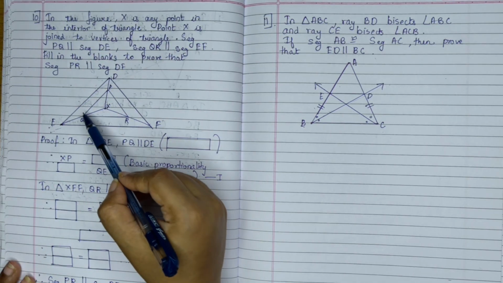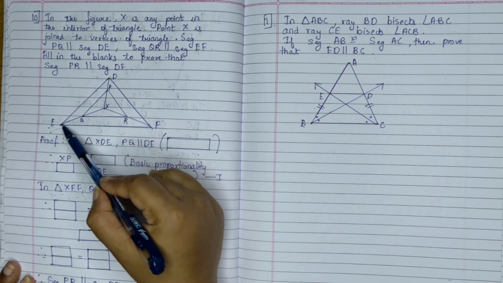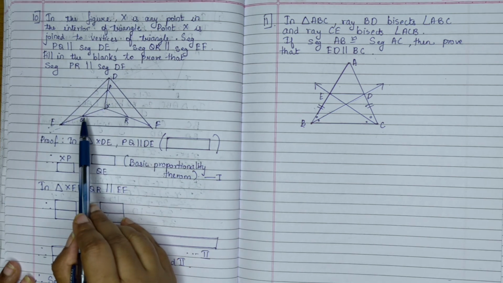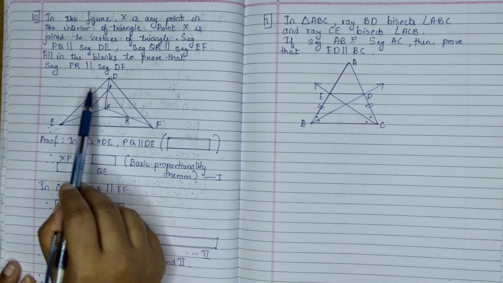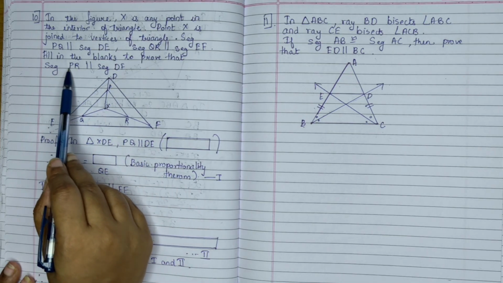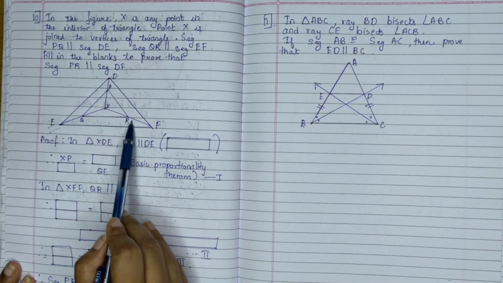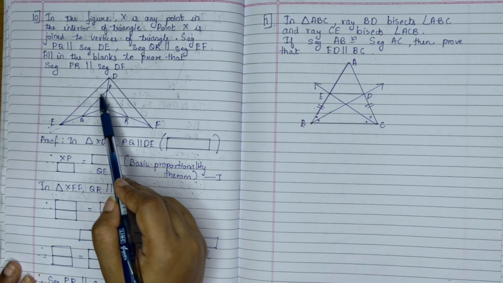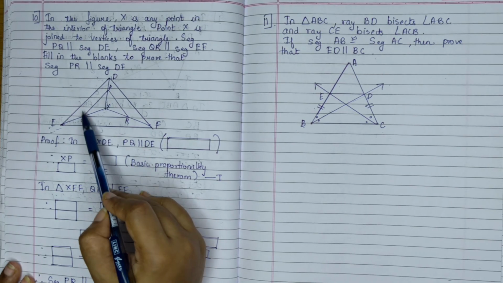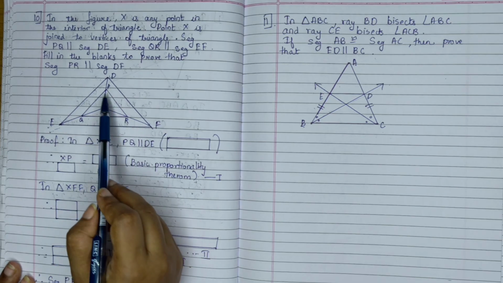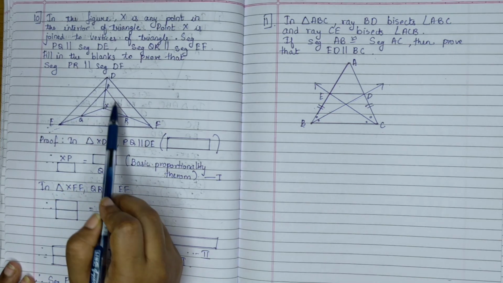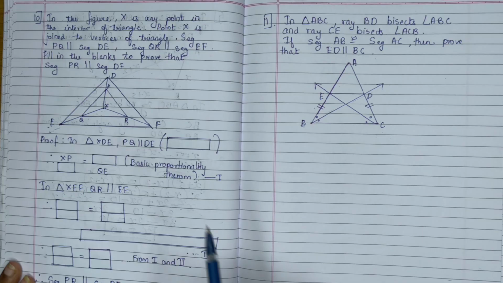Where is PQ? Here. PQ is parallel to DE. Okay. QR is parallel to EF, and we have to prove that PR is parallel to DF. Now these two are already given. PQ is parallel to DE, QR is parallel to EF. We have to prove that PR is parallel to DF. Okay.